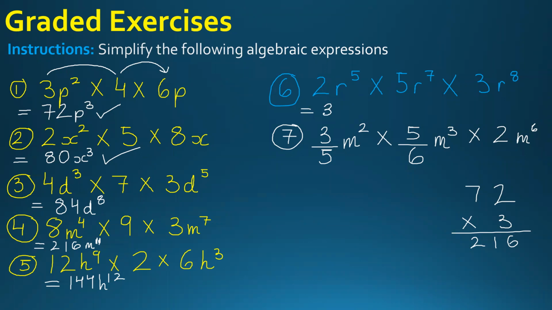You put the 30 down, you do 5 plus 7 plus 8. Okay, put the 30 down and then r to the power 20. That's correct. 30 r to the power of 20.